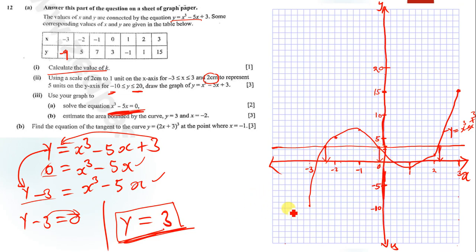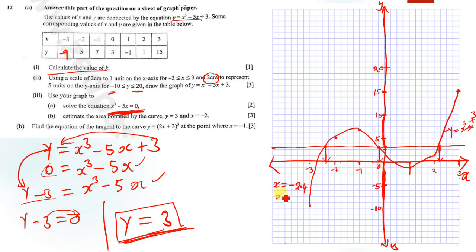So the first solution is this one, so negative 2. So this should be negative 2, so this is negative 2.5, so this can be negative 2.4, somewhere there. So my first x value is x is equal to negative 2.4. Then this one should be 0. If this is 2.5, if this is 0.5, this should be 0.25.